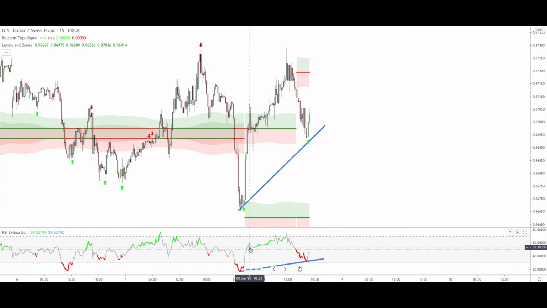At the same time, when the first bottom appeared, the RSI was way oversold and exhausted as well, just like in this situation. Then the RSI went up following the same price action, and hopefully it also became overbought and exhausted, just like in this case.